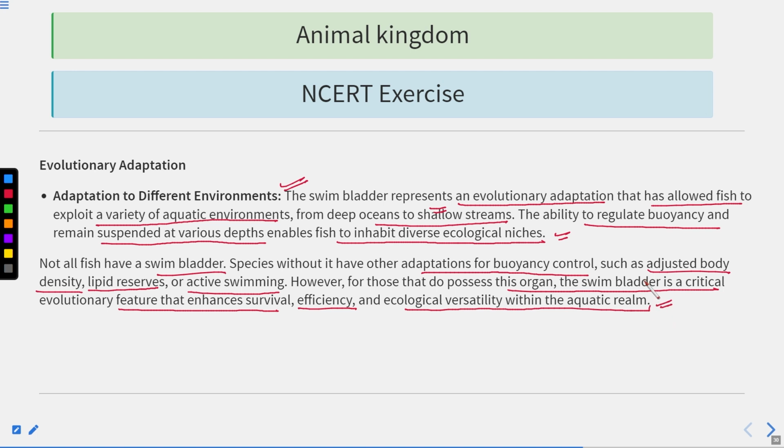So those fishes that have a swim bladder are more advanced, and this also shows the critical evolutionary feature that helps them in survival, efficiency, and versatility, so they can live in different realms of the aquatic environment, right?